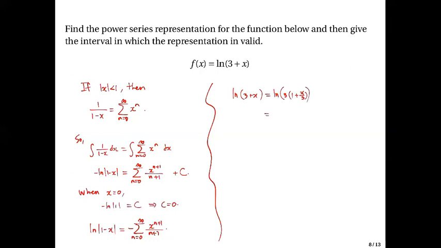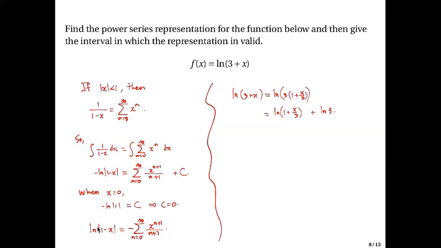Or this is just what? ln of 1 plus x over 3 plus ln of 3. So we look at this. Okay? We look at this. So it's just this guy. Take note, since the absolute value of x is less than 1, 1 minus x will always be positive.